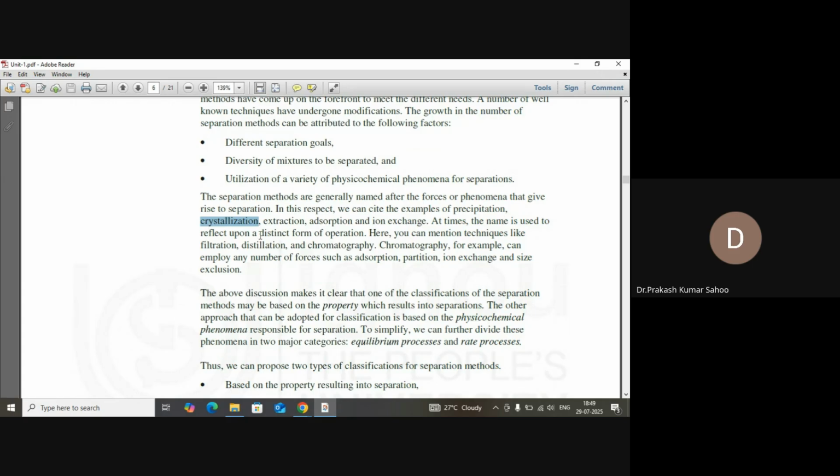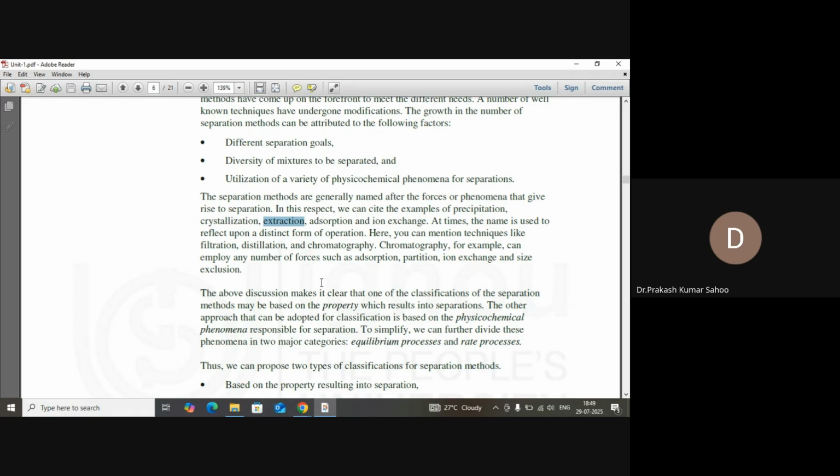Then extraction is also a separation technique. Let us say oil and water get mixed. Then, with the help of a syringe or a separating funnel, we can extract the oil from the water depending on the density.